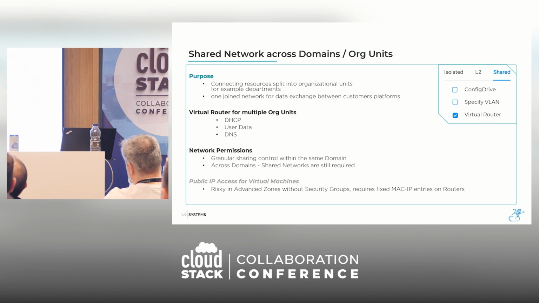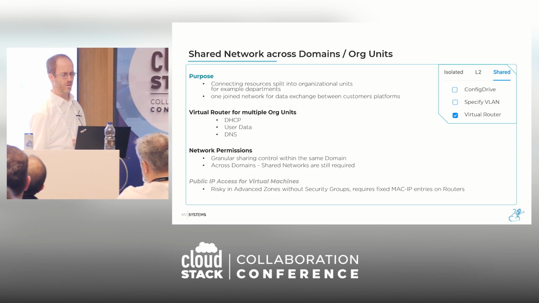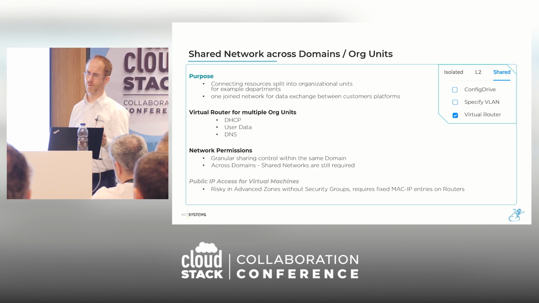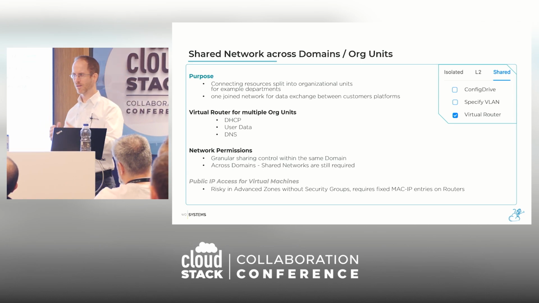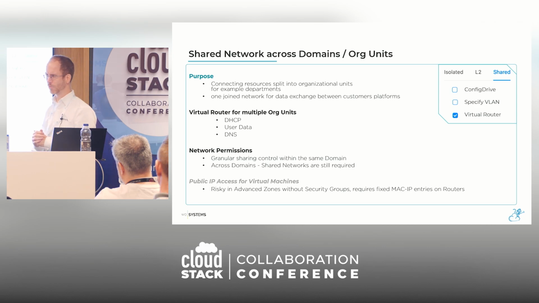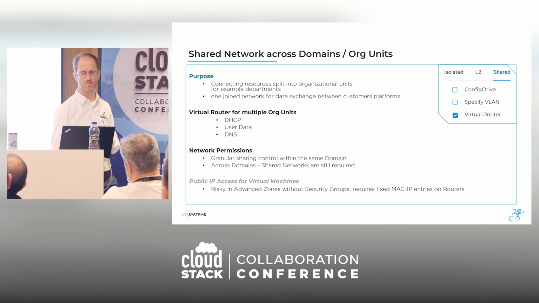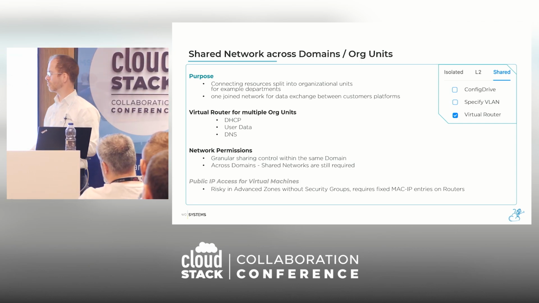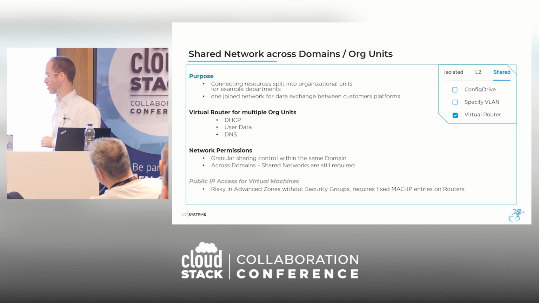I see a lot, and I will come back to that one later as well. On the user mailing list, I see a lot of questions. Hey, how do I provide public IP addresses to virtual machines? And in many cases, the recommendation is using shared networks, which in our case does not work because we do use advanced zones. And in an advanced zone without security groups, we saw it earlier, that will change or is changing now.